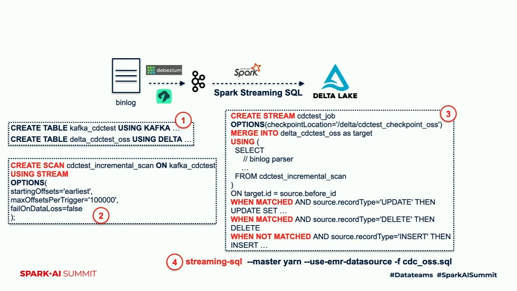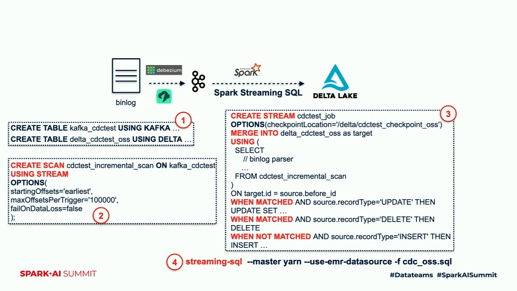For example, parsing the binlog, and it also specifies the conditions to determine whether to insert, update, or delete data in the target data table. For example, when the record from the source table has a matched record in the target table, and the operation type is update, then we should update the target table with the new record data.